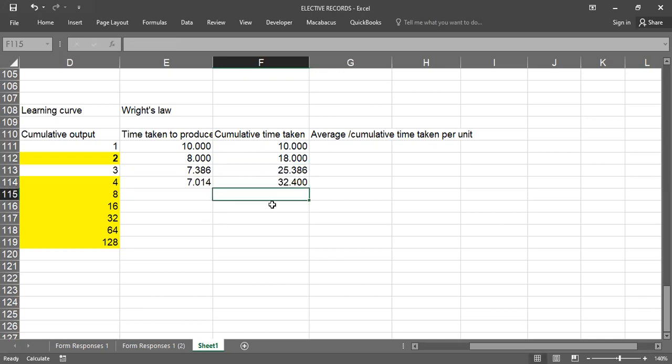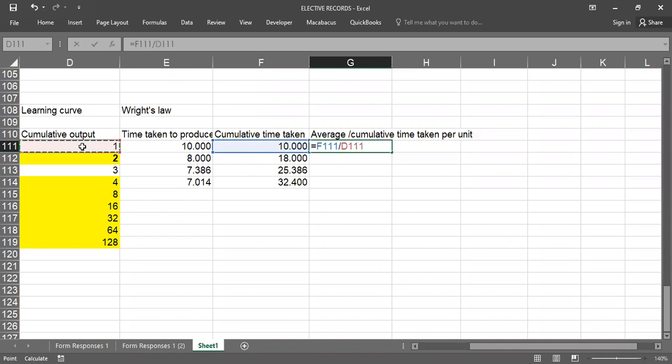Now to get the average time, I said it's given by the cumulative time taken, which you computed earlier, divided by the number of units. It's per unit, so you look for the cumulative output and divide. For the second period, or the second row, it is the 18 cumulative time taken divided by 2, which is the cumulative output.